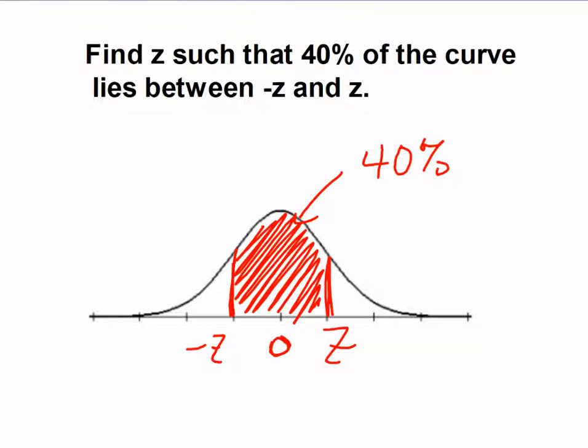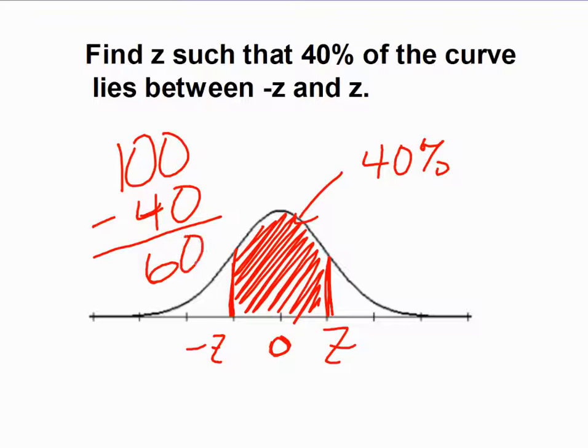So what we're going to do is, if you think about it, if the whole thing's 100%, that means we're leaving off 60%, and we want an equal amount left off on the left and the right. So this 60 that we don't want, we're going to divide in half. Half for the left, half for the right.